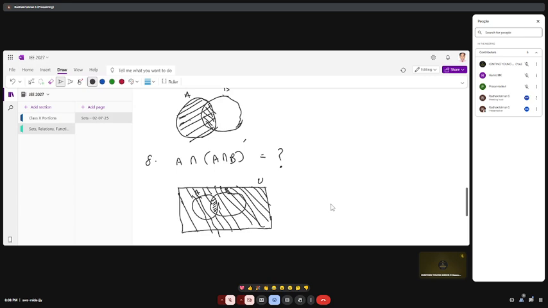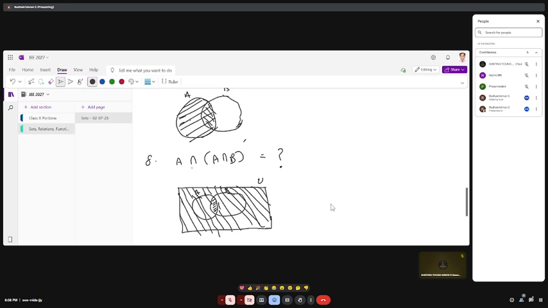So all this that I have drawn using this cross line is A intersection B whole complement.